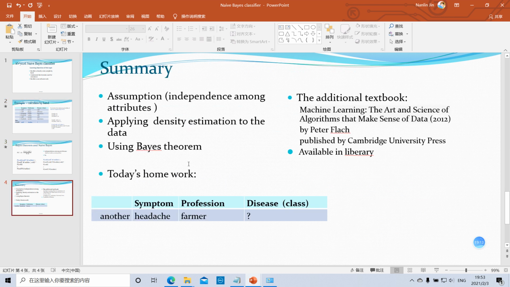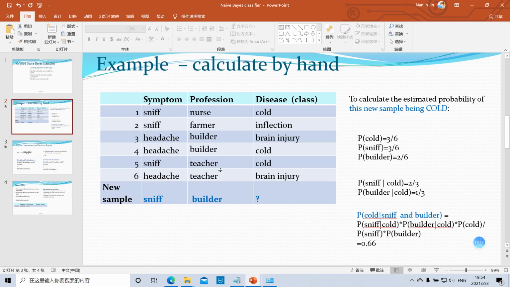Because, as you will later know in principal component analysis, if some variable depends really on other variables, for example, if this feature is fully dependent on this one, you could use this one to predict that one.